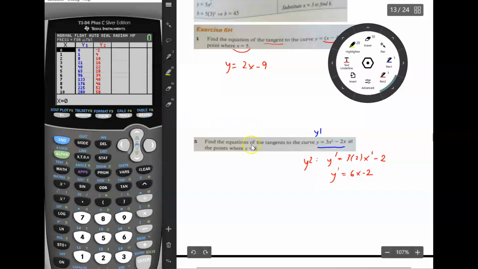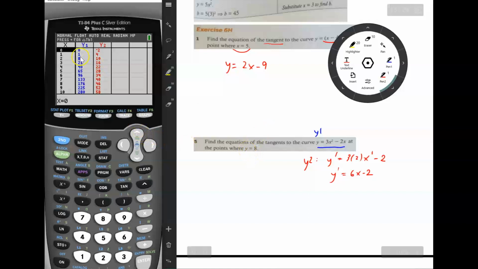The question asks, find the equation of the tangents to the curve, the blue curve, at the points where y equals 8. So I want to know when the blue curve has y equals 8. Where should I look for that? I should look in the blue column because this is y, right? What's y2? y2 is the gradient, so it's not that, they're talking about the y-coordinate.